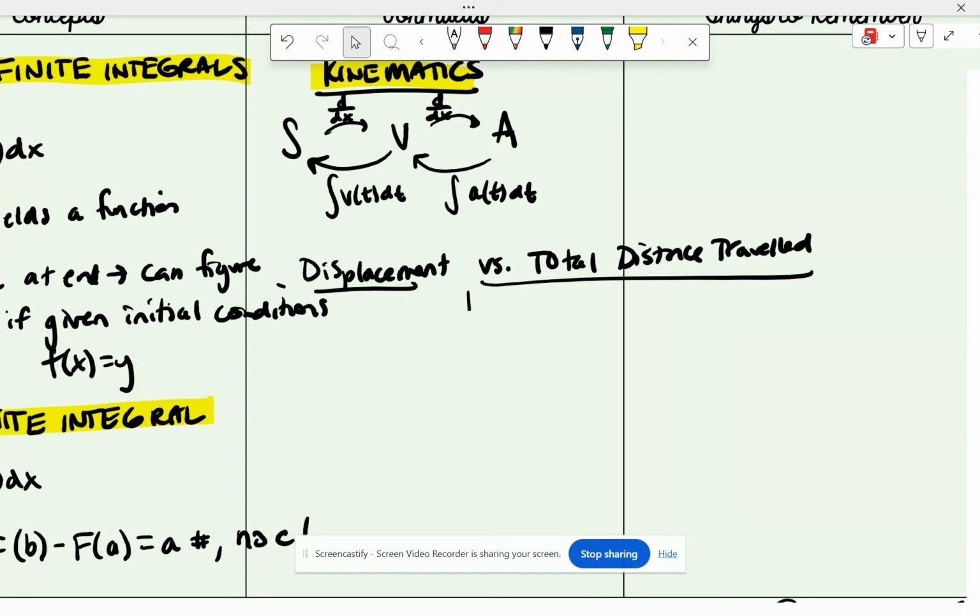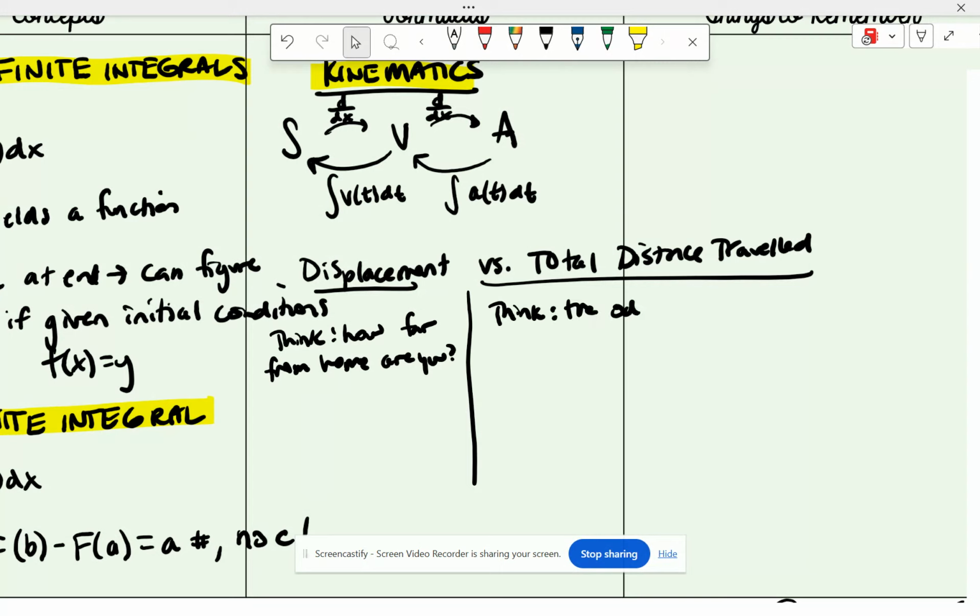So for displacement, I want you to think, how far from home are you on your trip? And then for total distance traveled, I want you to think the odometer on your car, right? So you could still be back at home, but it's going to tell you how far you went and everything.